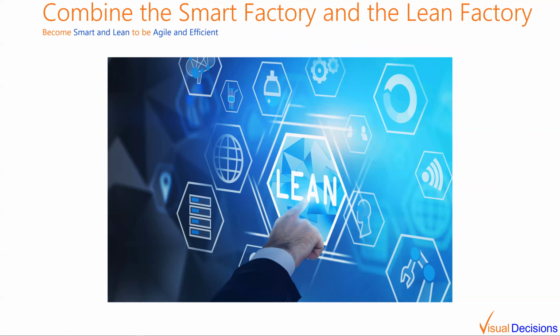To do all of this, especially from an operations perspective, we have to combine the smart factory and the lean factory. I've talked a lot about different lean and operational excellence perspectives.